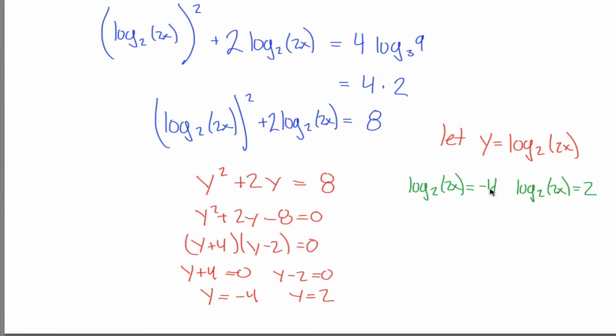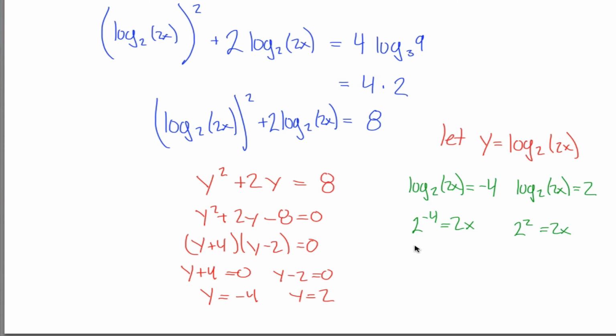Well, if you're solving these two equations, there are a couple of options on how you do it. I think what I would do is write it in exponential form. So this is the same as saying 2 to the negative 4th power is equal to 2x. And this is the same as saying 2 squared is equal to 2x.